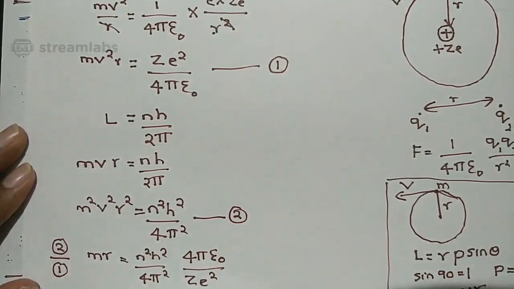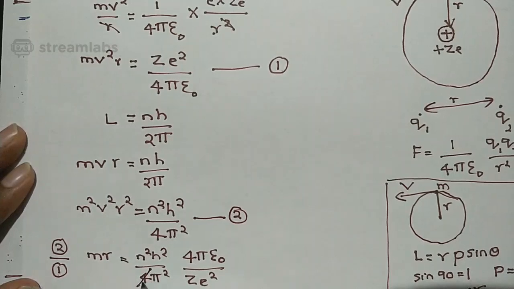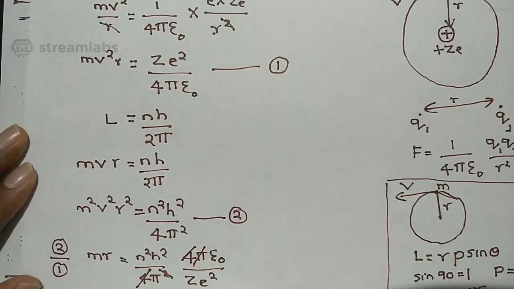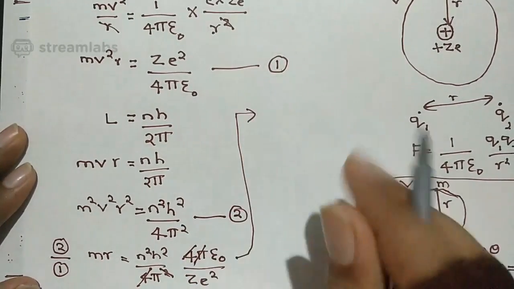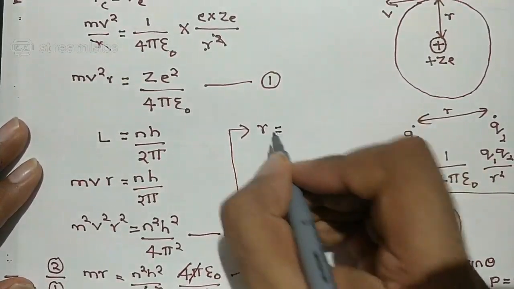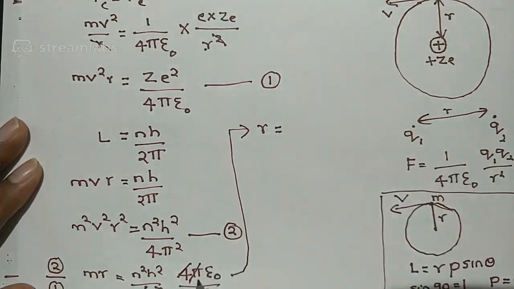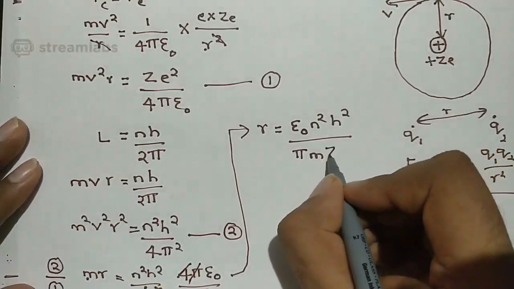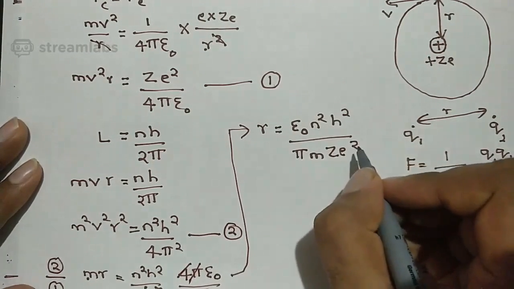Now you tell me what are the terms that will cancel. 4 will cancel, 1 pi will cancel. Then I'll move to the derivation here. So what happens to the radius? Radius equal to, in the numerator, epsilon naught n square h square, and in the denominator, pi m into Ze square.